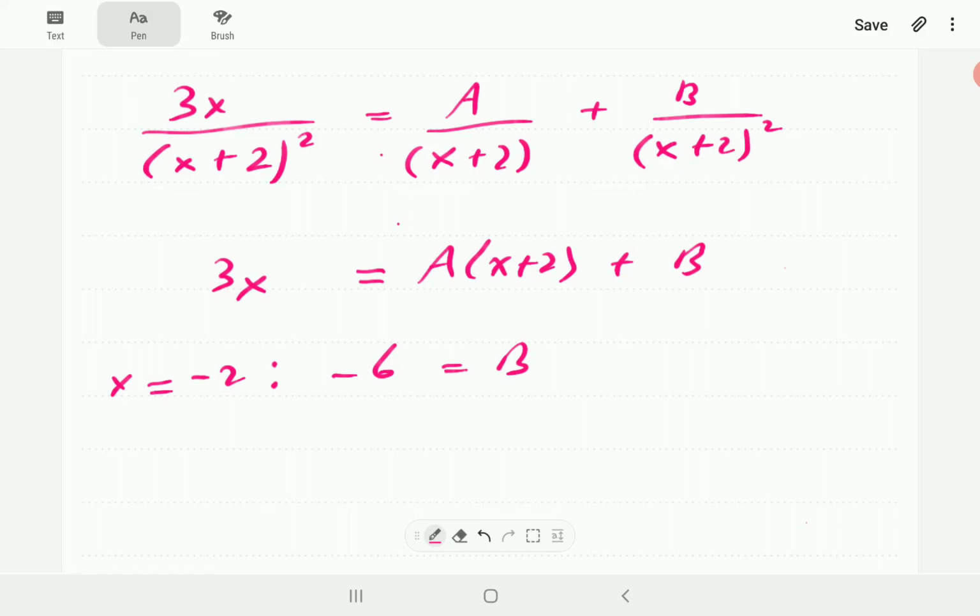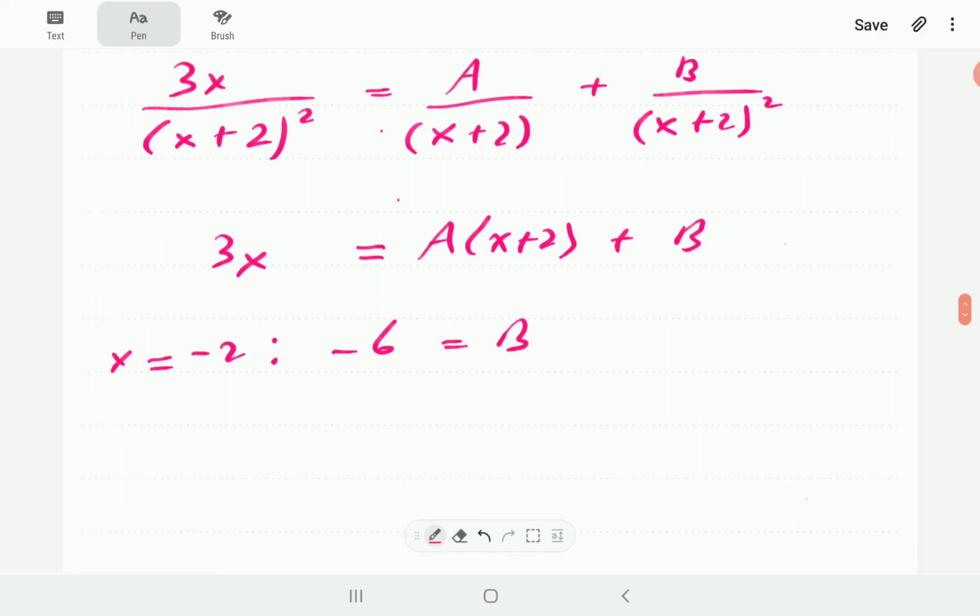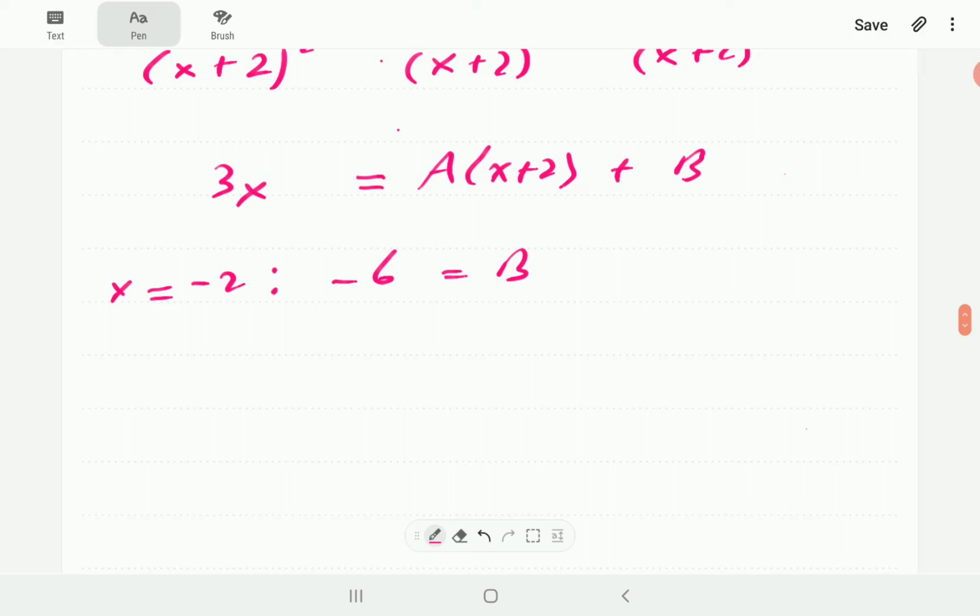Now, since we have only one root, for the other value we can plug in any other value of x. It doesn't matter really, because this equation is true for all values of x, so it's up to us.